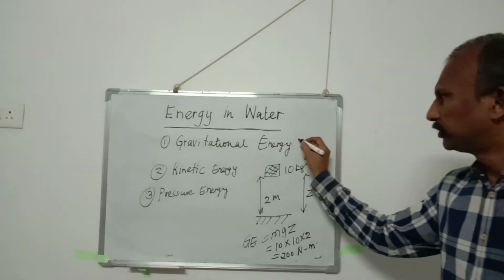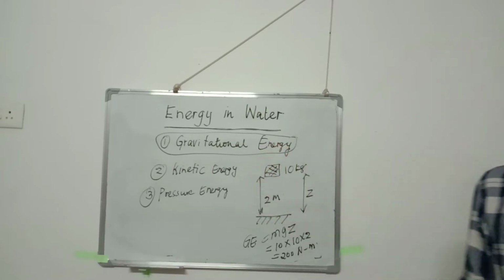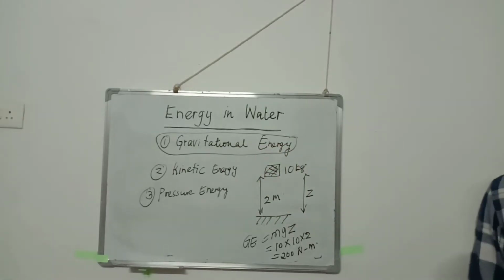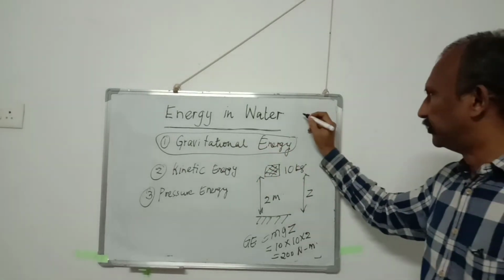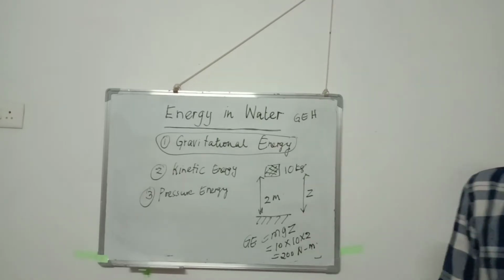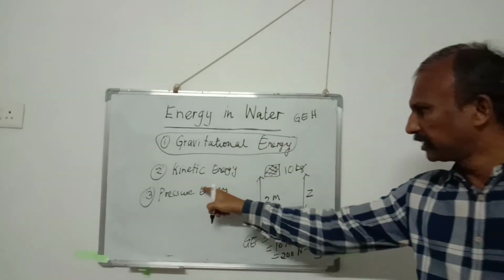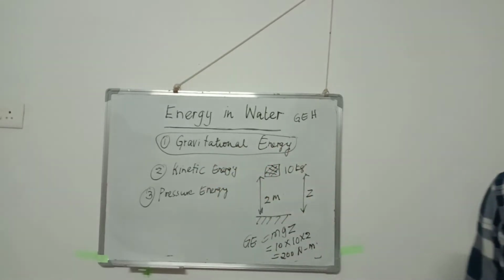With regard to gravitational energy, and with regard to all forms of energy, I will also introduce one more term called head: gravitational energy head, kinetic energy head, pressure energy head, like that.